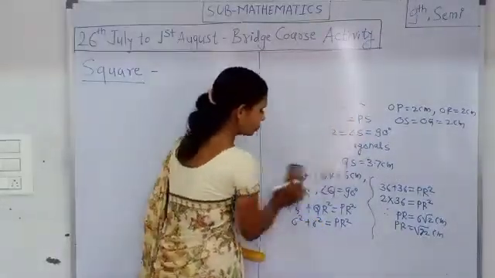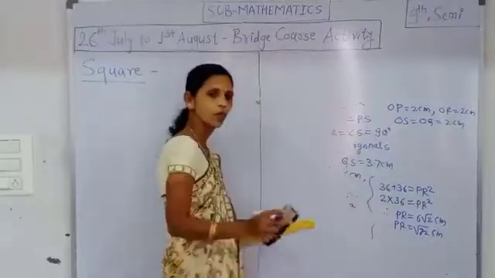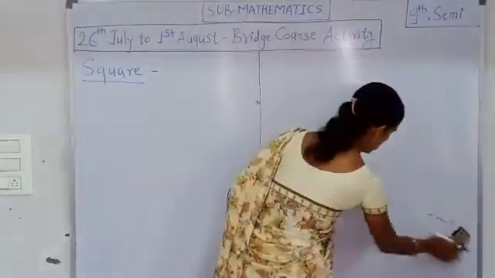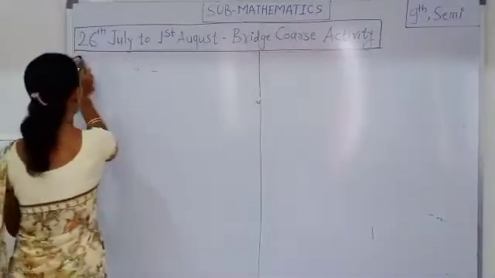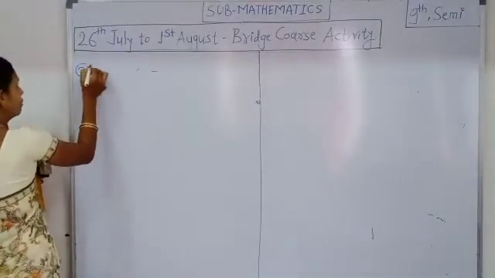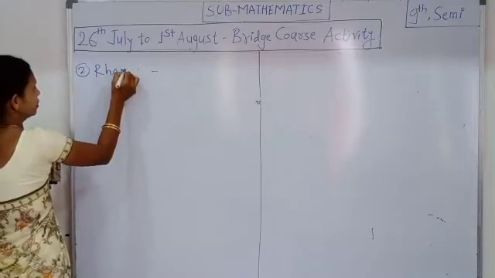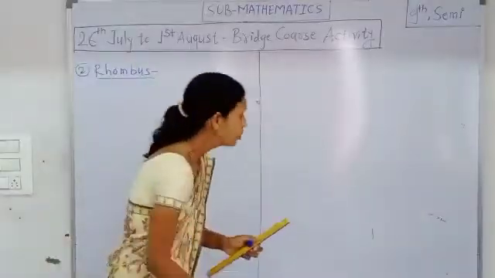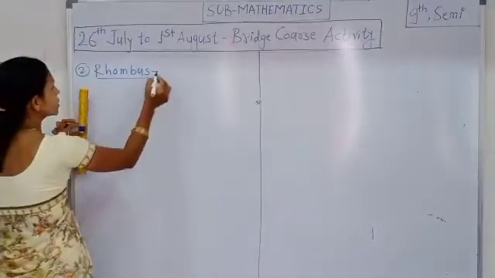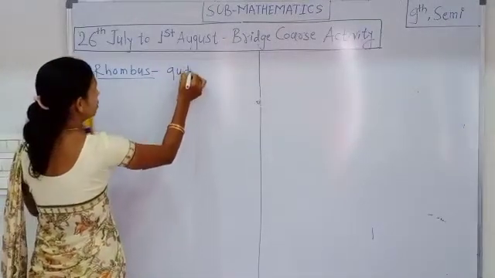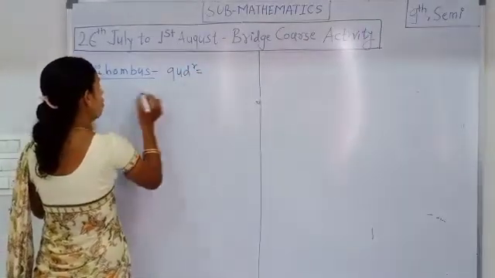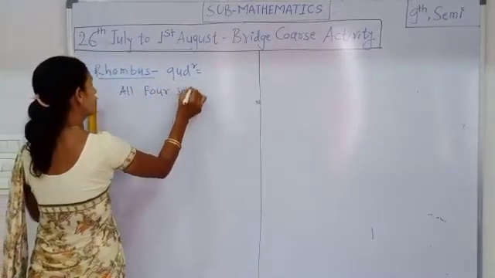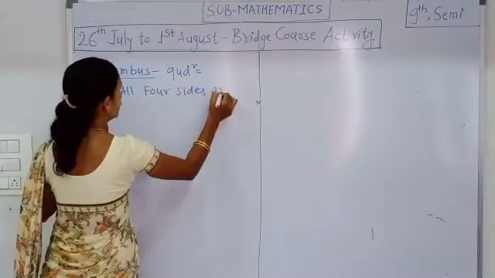Then we are going to discuss one more quadrilateral, the second one, that is the rhombus. A rhombus is a quadrilateral of which all four sides are congruent.